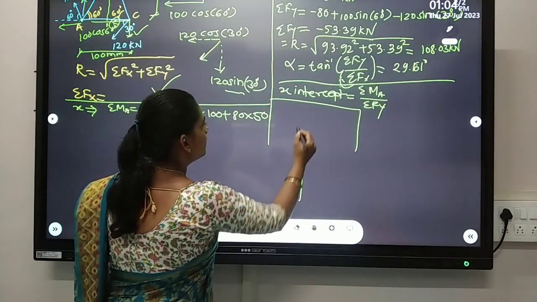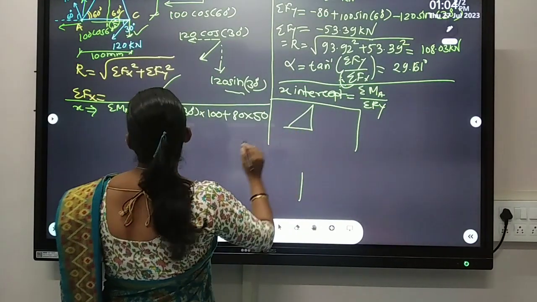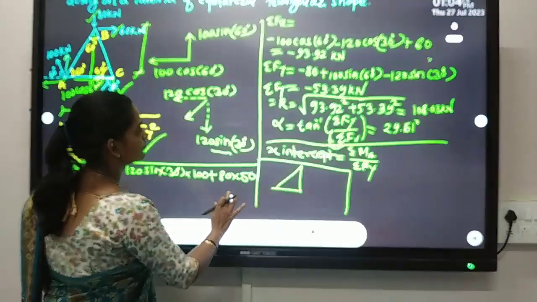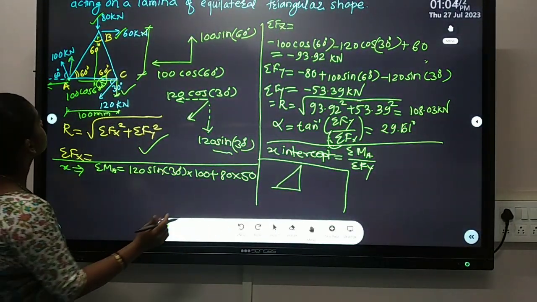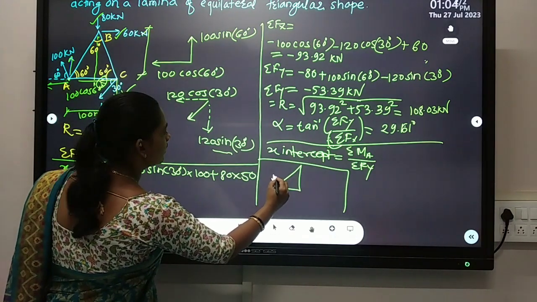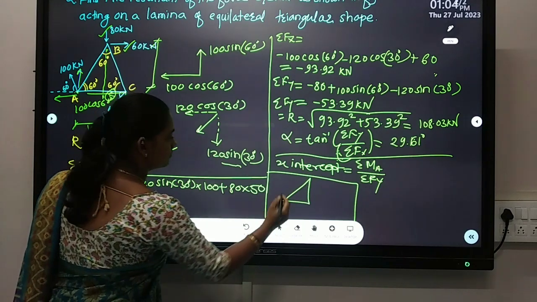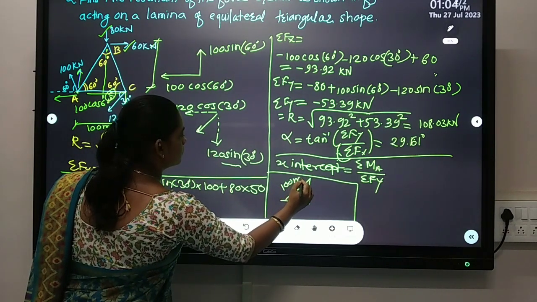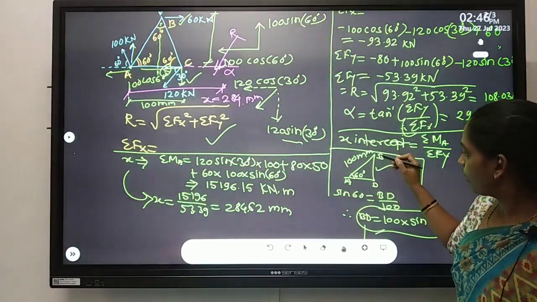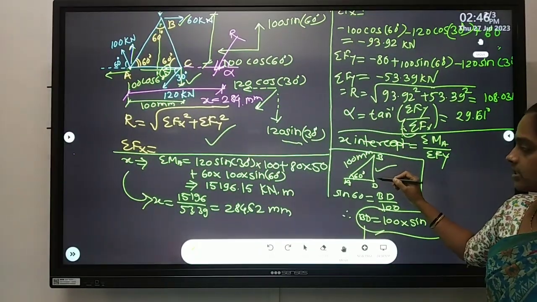Is it not a triangle? Okay. This particular length is 100 mm. This AB is given as 100 mm. We have to calculate this perpendicular distance BD.